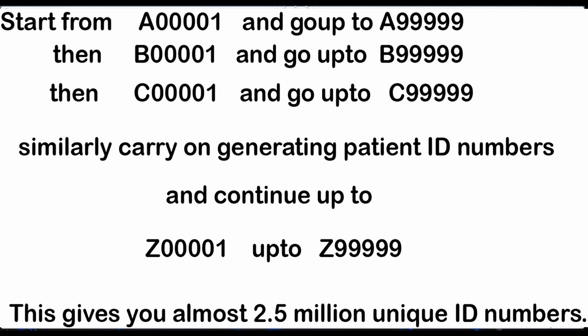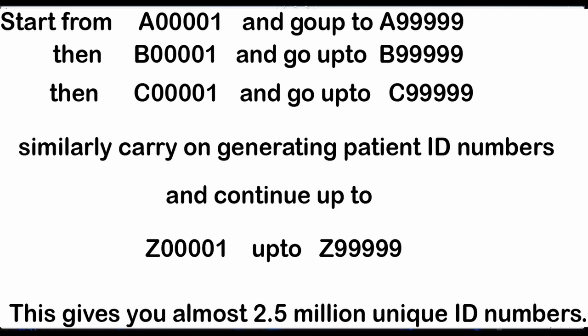Start from here and carry on writing the unique ID numbers, allotting them to every patient that visits your clinic, starting from A0001, then A0002, then A0003, and so on until you reach A99999.